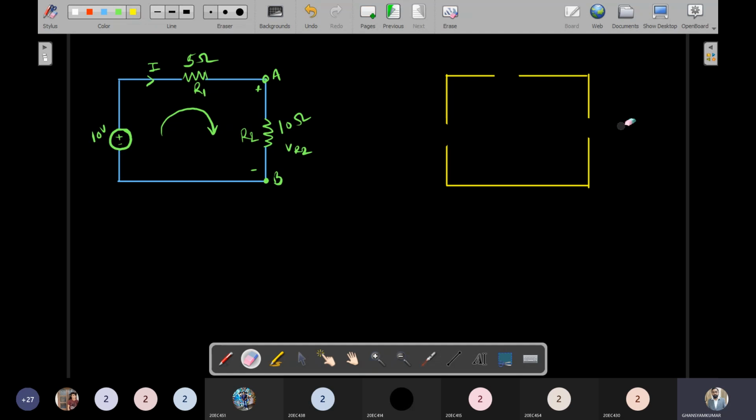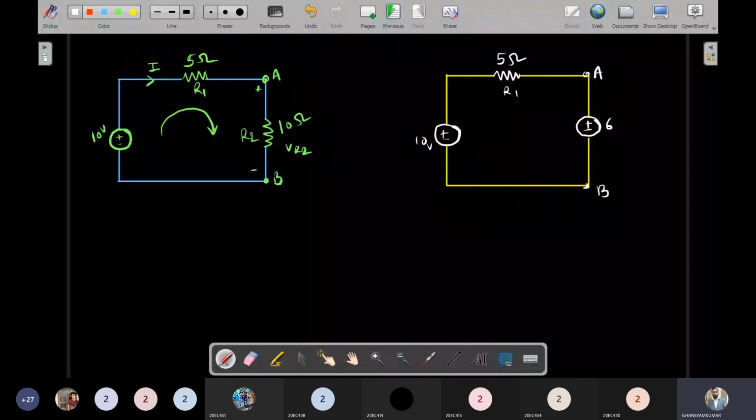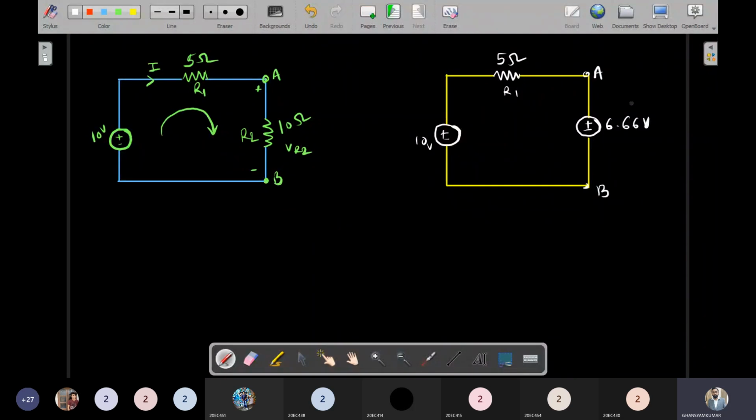This is the 10-volt source, here is R1 of 5 ohm, this is my terminal A, this is my terminal B. I'm just connecting a 6.66 volt source here.